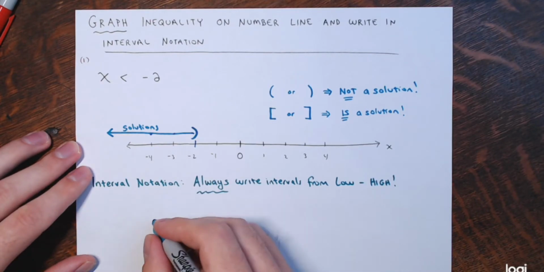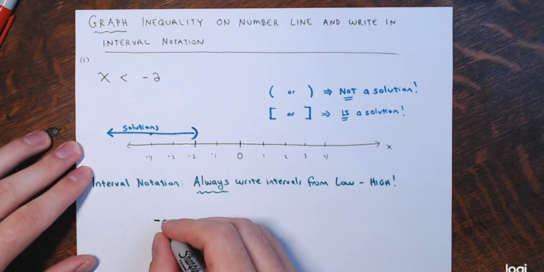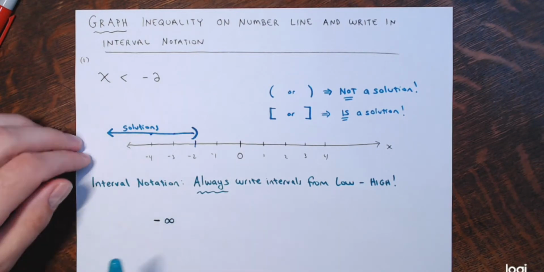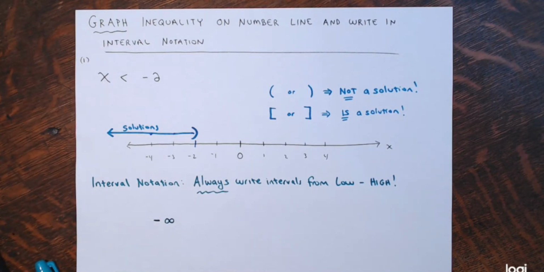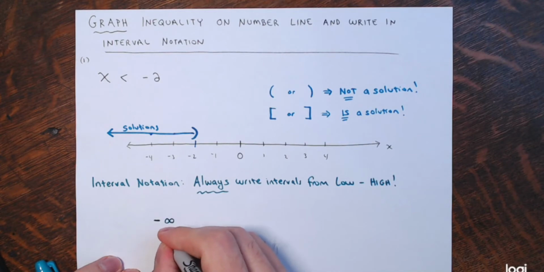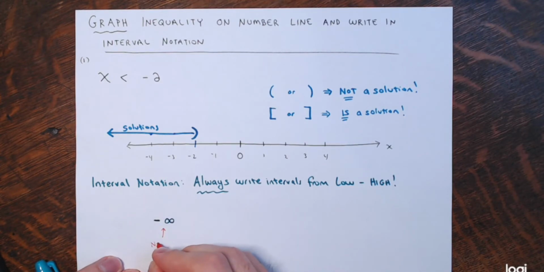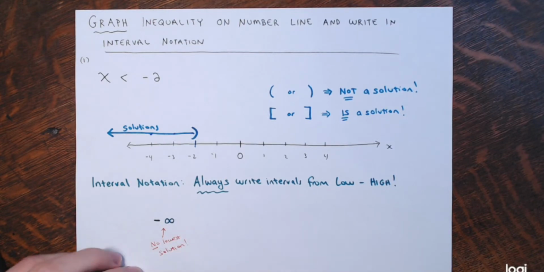So we're going to indicate that with negative infinity. Negative infinity will be the symbol used to indicate that there is no lowest solution. Our solution set goes to the left forever.